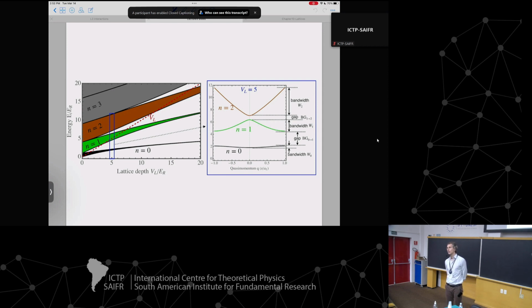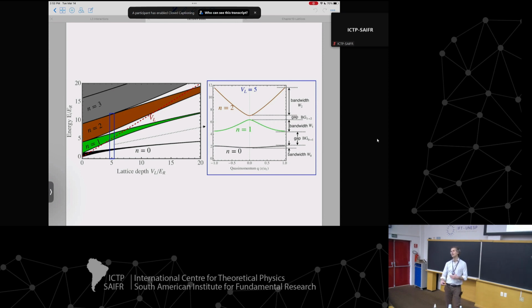So once I turn up the lattice depth beyond something like 30 recoil, practically speaking, I'm no longer doing multi-site physics. It's just too slow before other problems happen in the lab, like heating or loss, or my graduate students run out of patience and turn off the experiment. So essentially, U over T is only limited by the timescale of experiments slowing down.